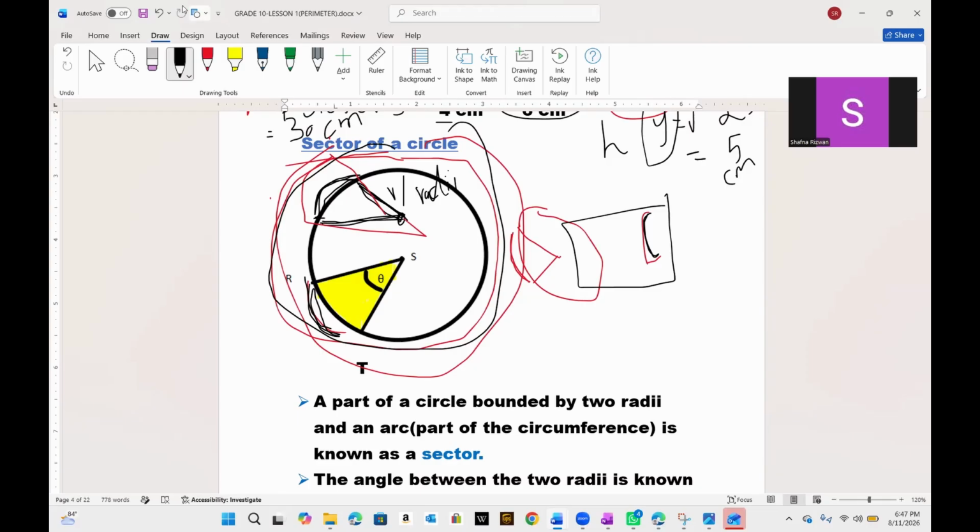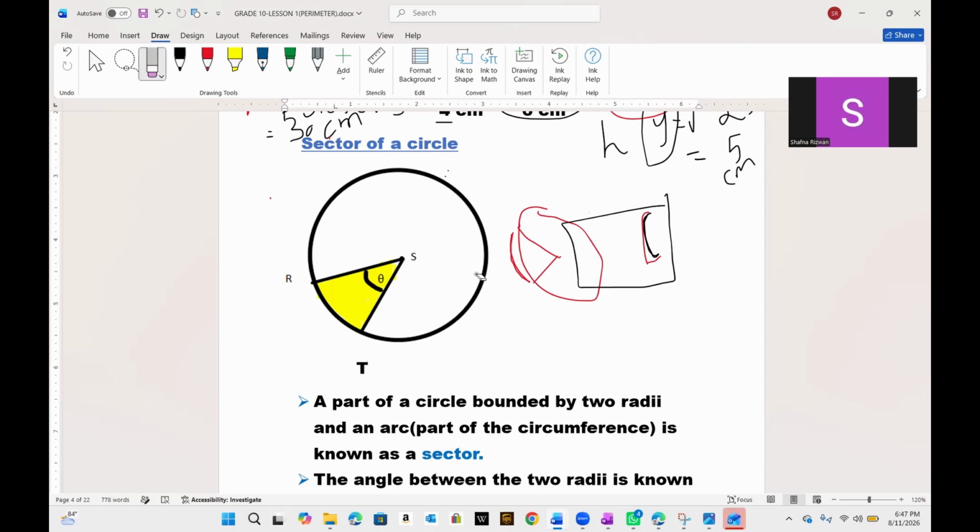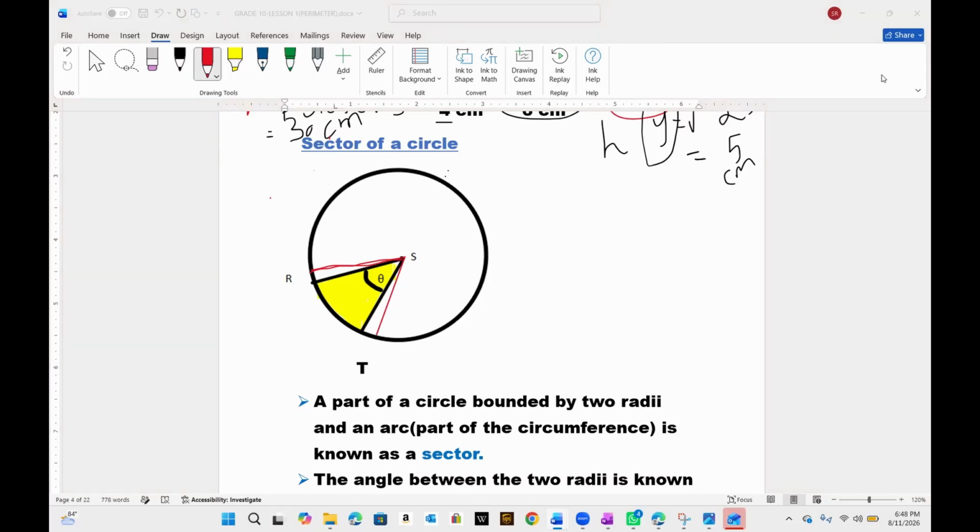Now we were speaking about the sector of a circle. So what is a sector of a circle? It means you will have two radii covering a part of the circle.